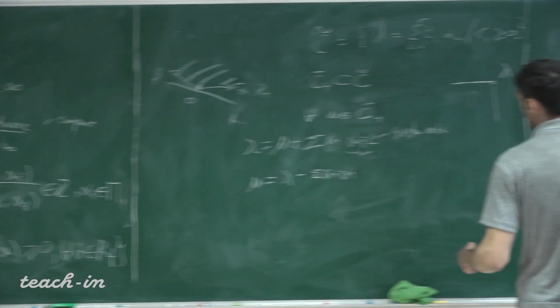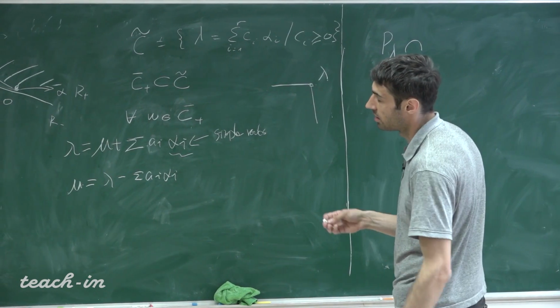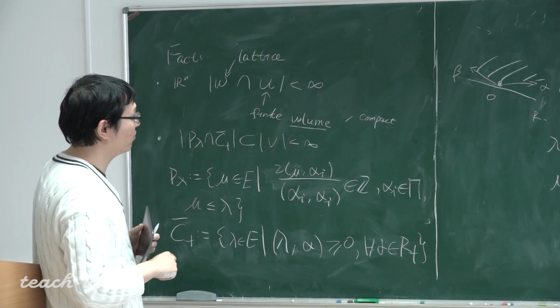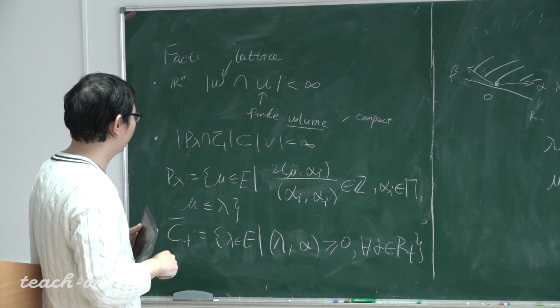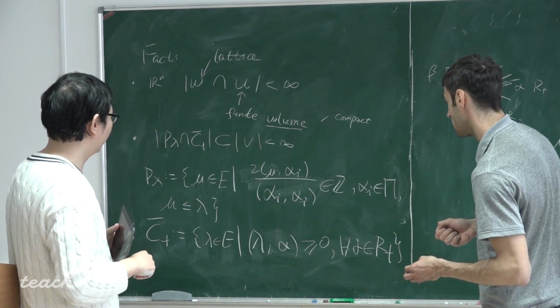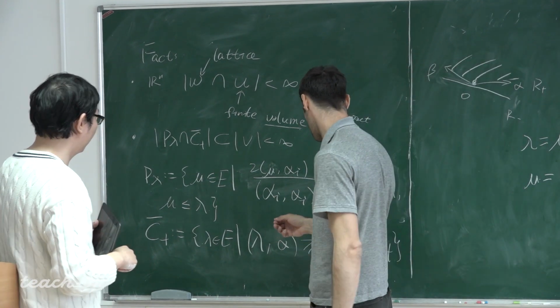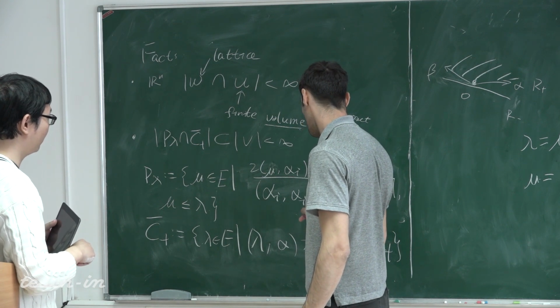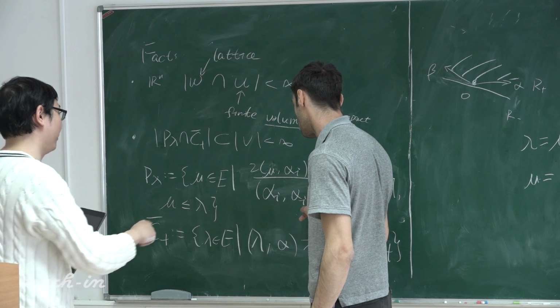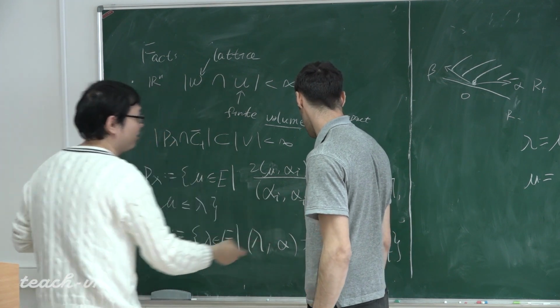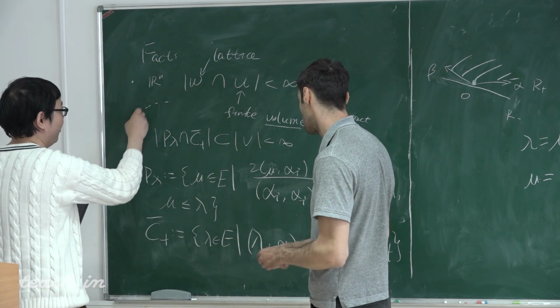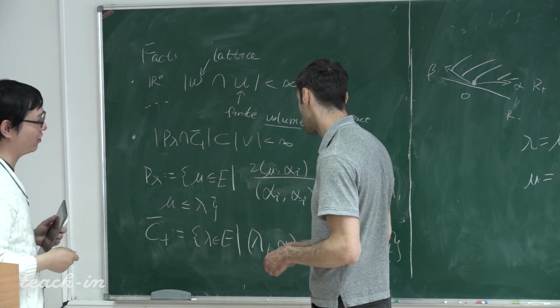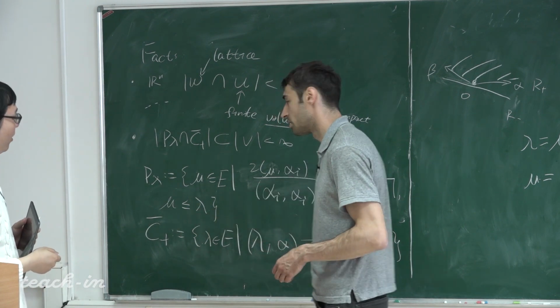Yes, of course, P lambda. Maybe this condition is not even needed, right? No, we should guarantee this is a lattice. Then it's not some sequence. No, but if it's less than lambda, yes.